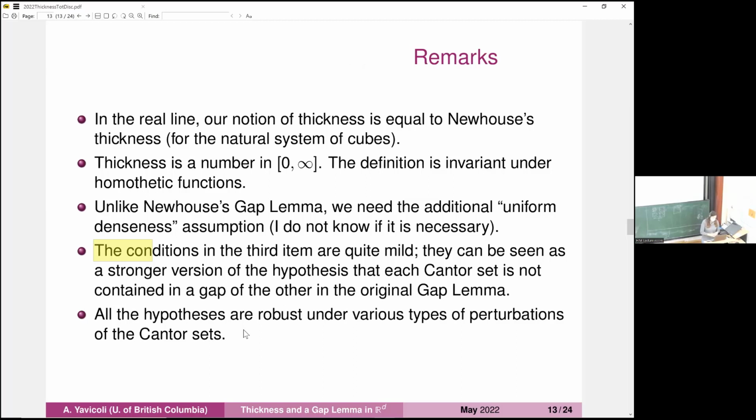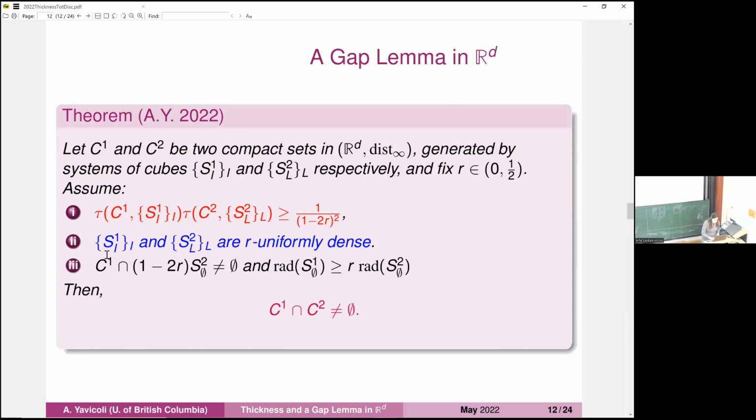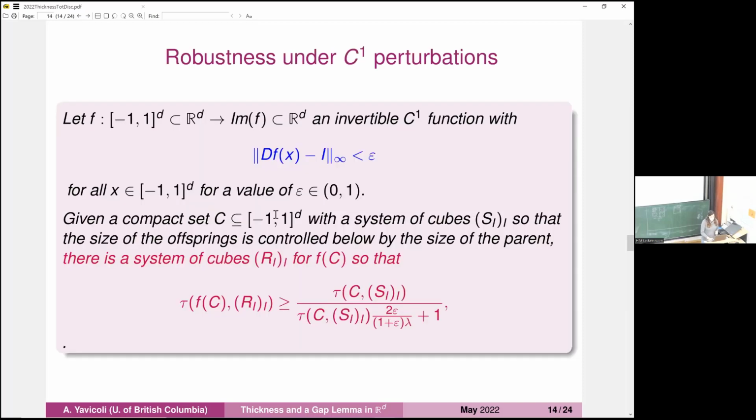This is maybe more important for people in dynamical systems. It seems reasonable in all the other hypotheses, but maybe you can be suspicious about whether this one is stable under perturbations. I'm going to explain why that's stable.